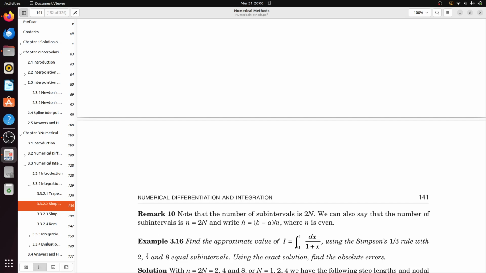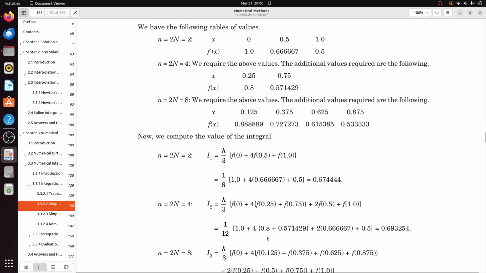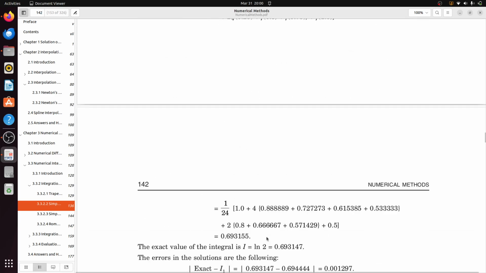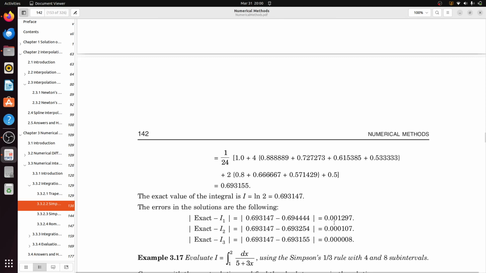0.694. 0.654. The error? See the error. 0.001297. If you increase the interval, the error actually decreases like 6 times. देख रहे हो, errors are decreasing in 6, like not in 6, like 12.